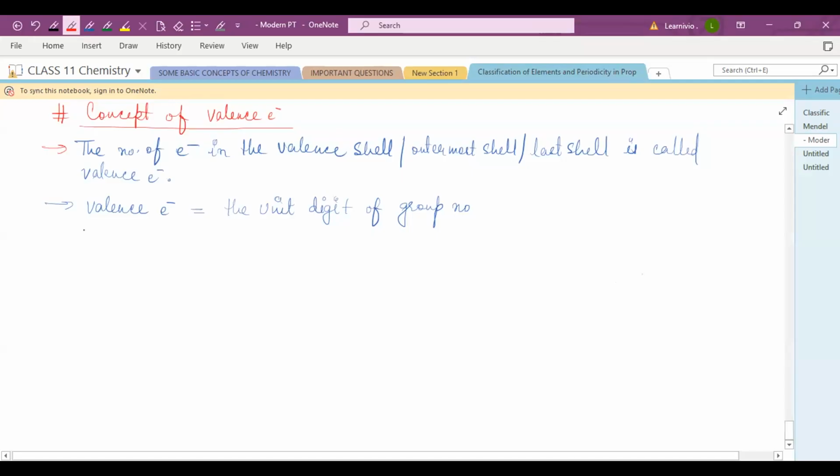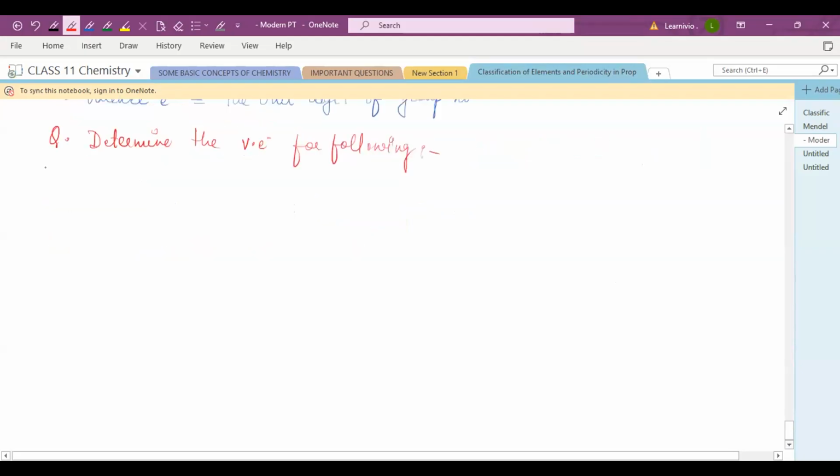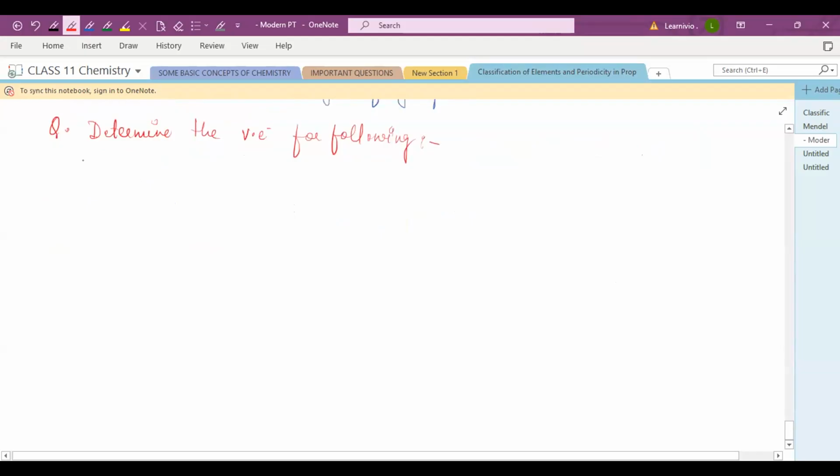Okay, so I'm drawing a chart over here. Suppose I'm giving a question: determine the valence electron for the following. First one, calcium.